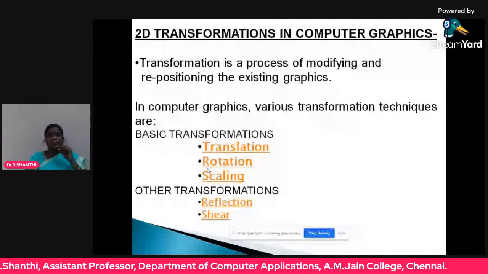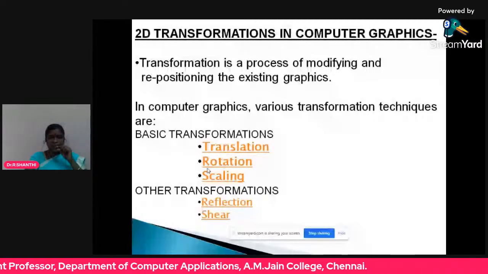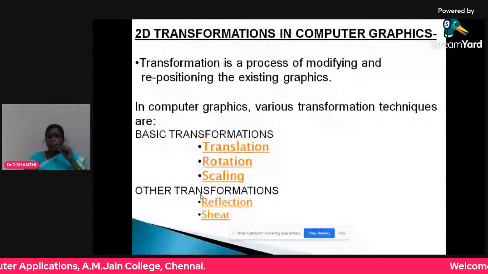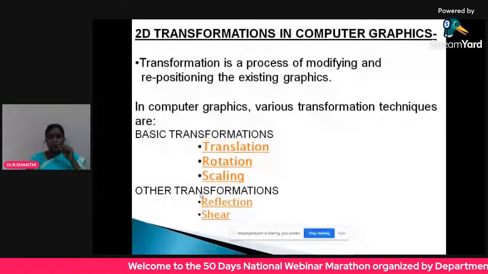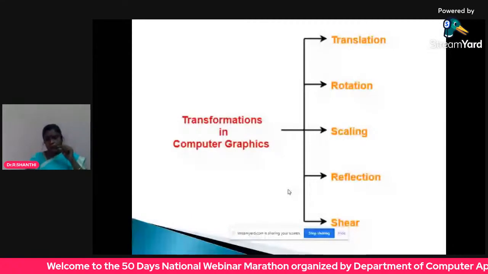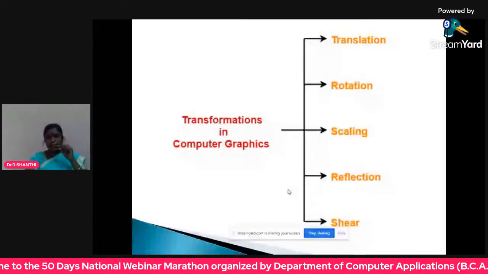First is translation, the next is rotation, scaling, and other transformations. In addition to that, we are performing reflection and shear. So all together we put everything as five: translation, rotation, scaling, reflection and shear.